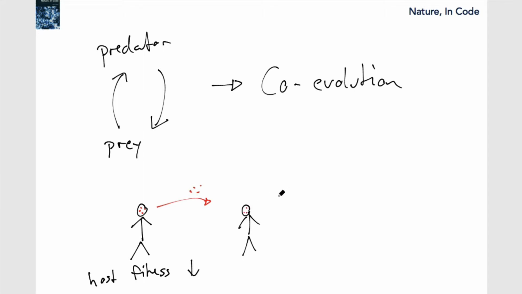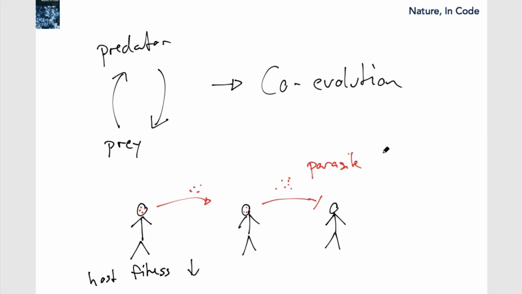However, there may be a case where you have another host here, and that host maybe carries an allele that makes it harder or potentially impossible for the parasite to get in. So the parasite may try to transmit, but will perhaps fail because of the genetics of this host. And now you can imagine that this is really bad news for the parasite's fitness.